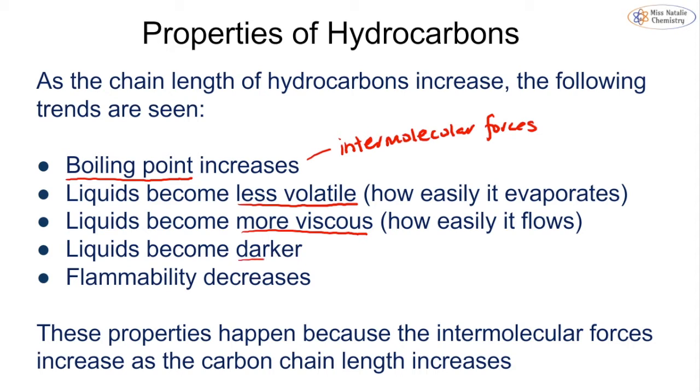We also see that the liquids become darker in colour, and we have our flammability decreasing, meaning they don't catch fire as easily. And as I said, all of these properties are linked to the intermolecular forces increasing as the carbon chain length increases.